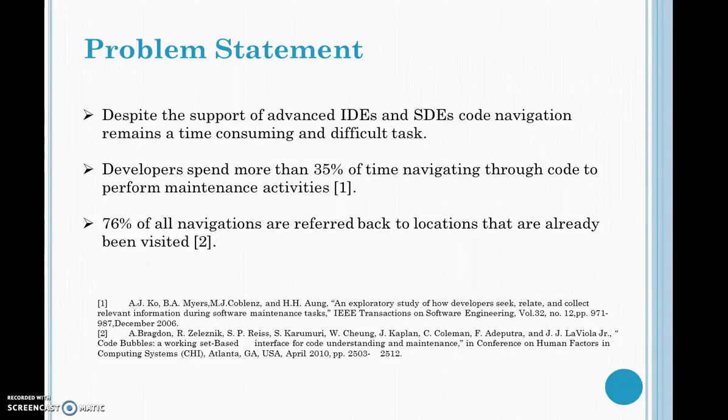For example, when using Eclipse to perform software maintenance activities, 35% of developer time was spent navigating through the code, and 76% of all navigations referred back to locations that had already been visited. A major challenge is to understand the fundamental mechanisms underlying developers' code navigation behaviors and further develop tool support to augment their information seeking skills in software maintenance.